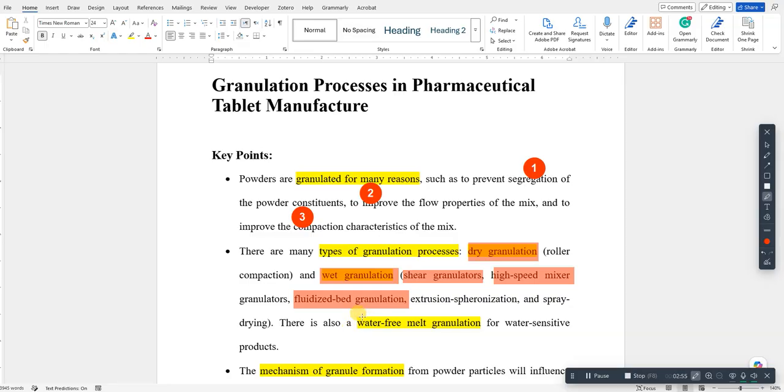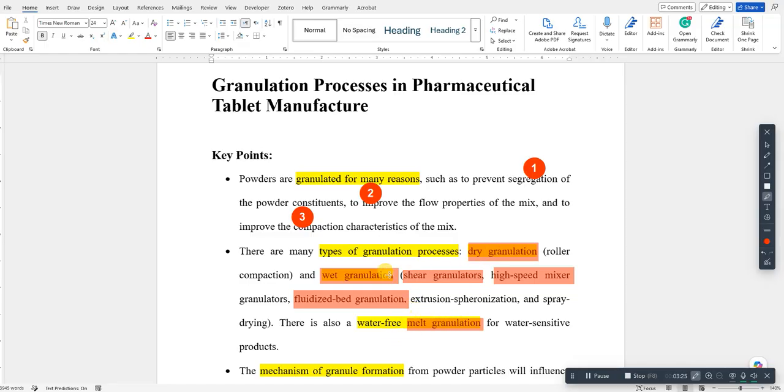But what you did not learn about before is that we can do granulation through melt granulation. So we have a mixture containing certain polymers, and when they are at a higher temperature, like 60, 70, 90 degrees, they will melt, and eventually you will break them into granules.